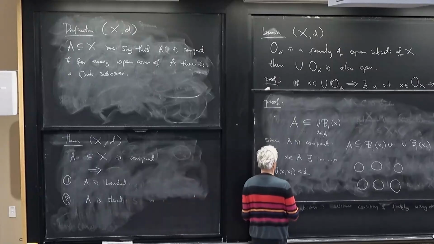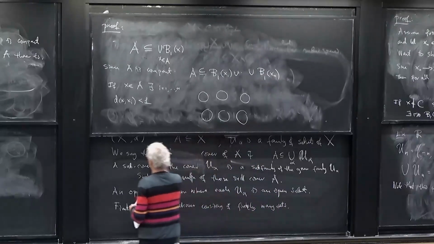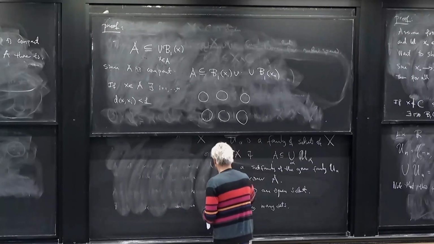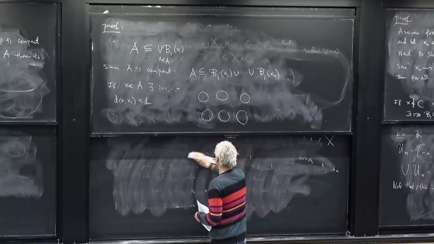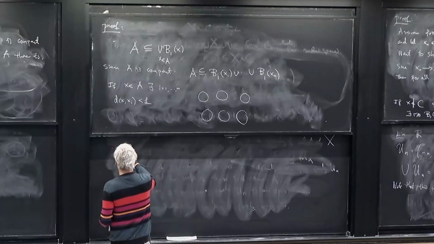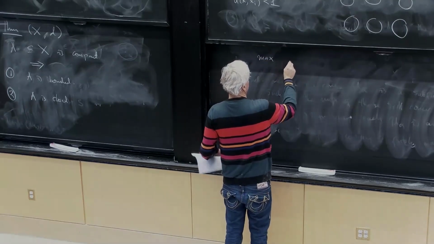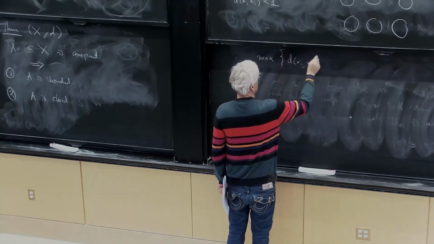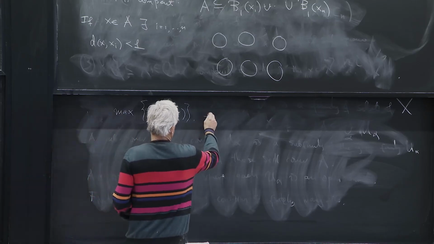So now you pick one of these x_i's. Let's pick the first one. And let's look at the maximum of these distances from the first one to the other ones. And let's add 1 to that.